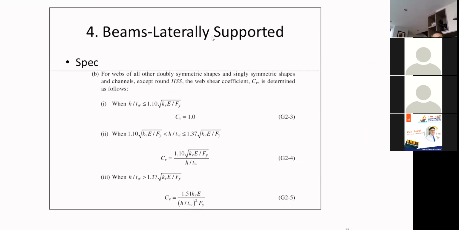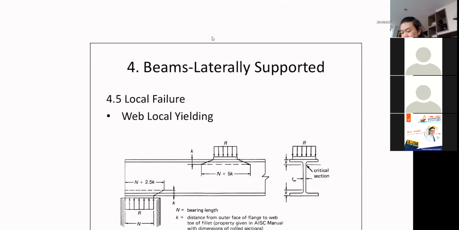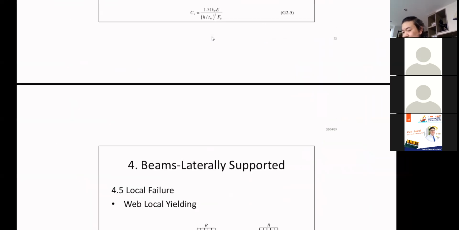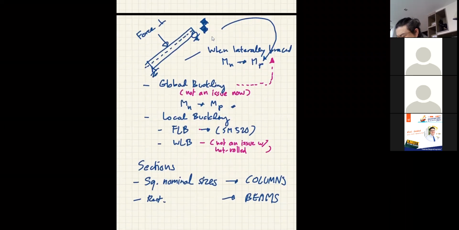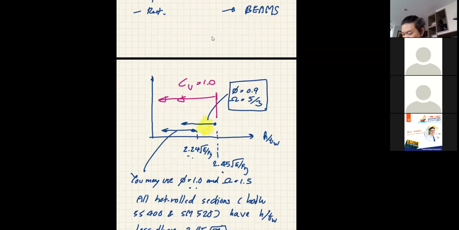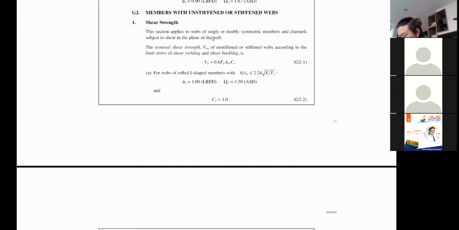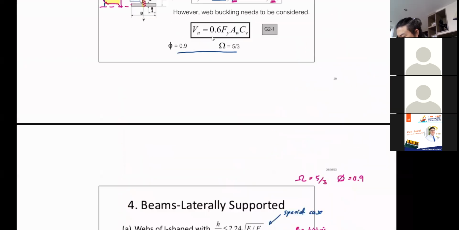Okay. So that sums up everything. That's another failure in the beam which I will cover next time. So now, it's not here. I wrote it somewhere, but maybe here.